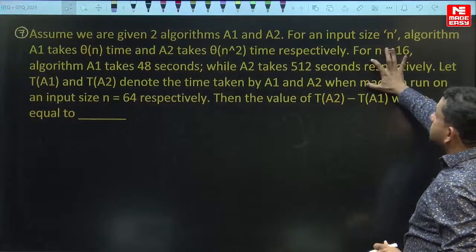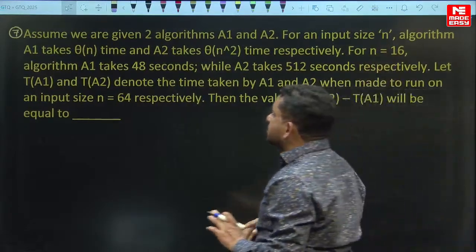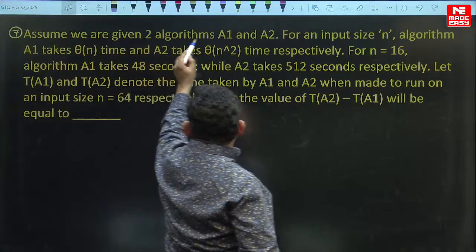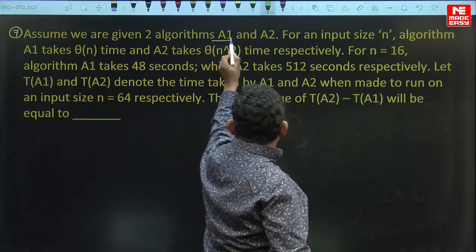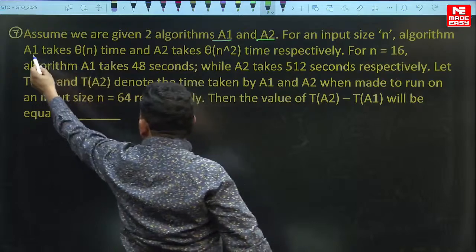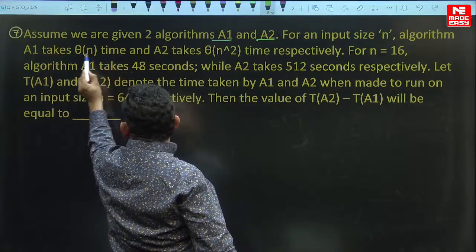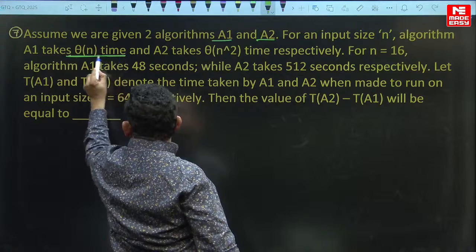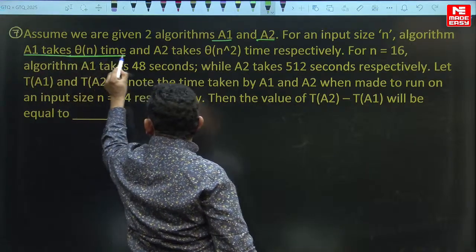Now, similar to the previous question, assume that we are given two algorithms, A1 and A2, for input size n. Algorithm A1 takes theta of n time.